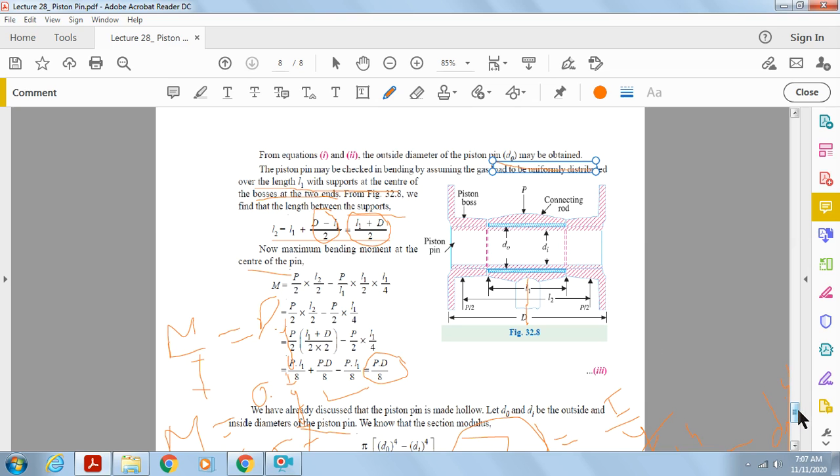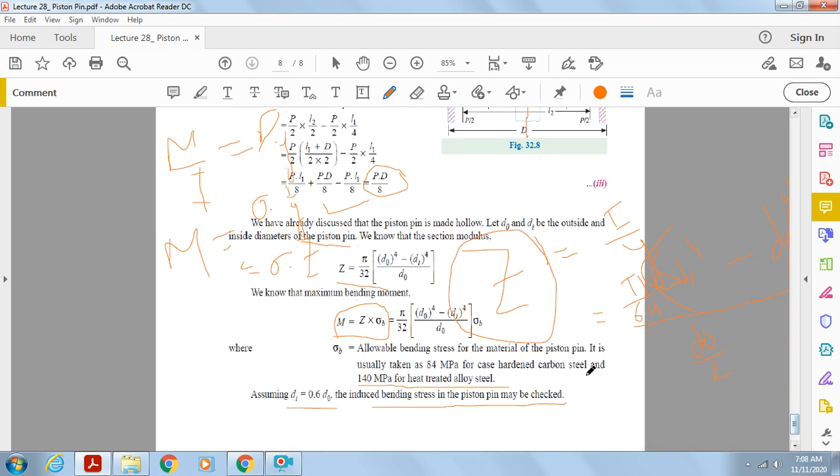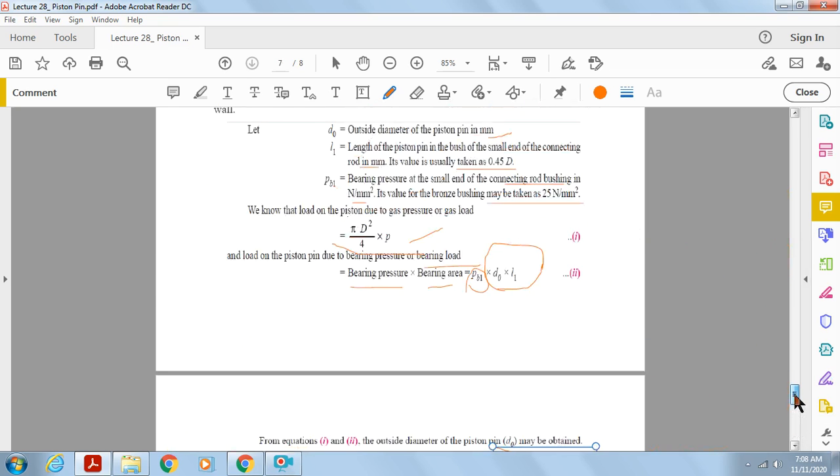Along with the mathematical formulas, as I have told you earlier, in this chapter on IC engine component design we have to know the different stress values for the different materials used. Here for the hardened carbon steel material the sigma b value is mentioned, and for the alloy steel material the sigma b value is mentioned, so those values we have to remember as well.